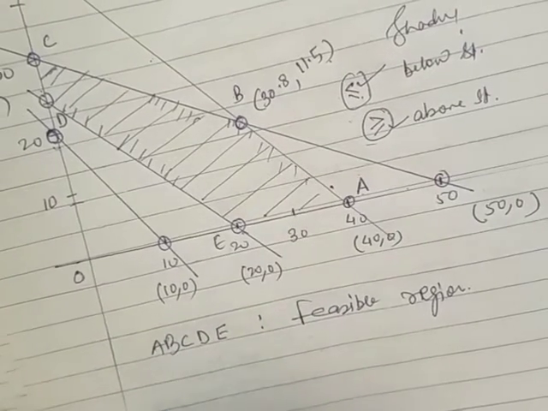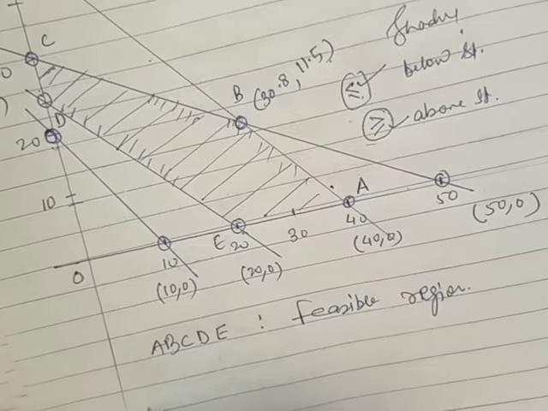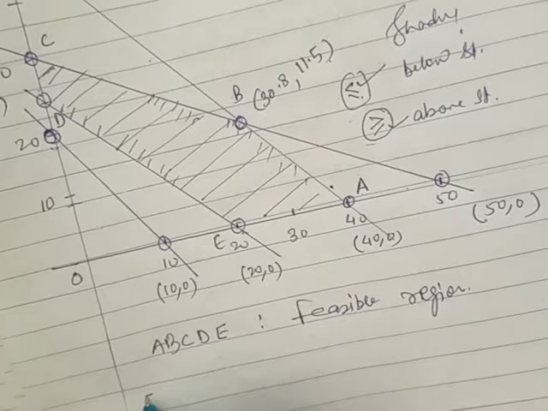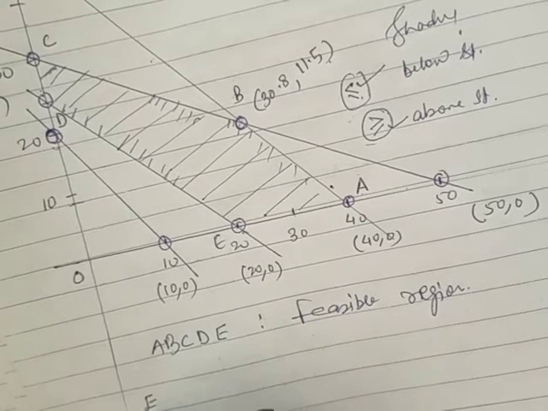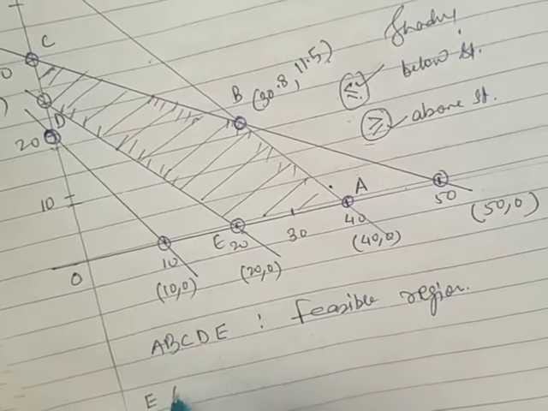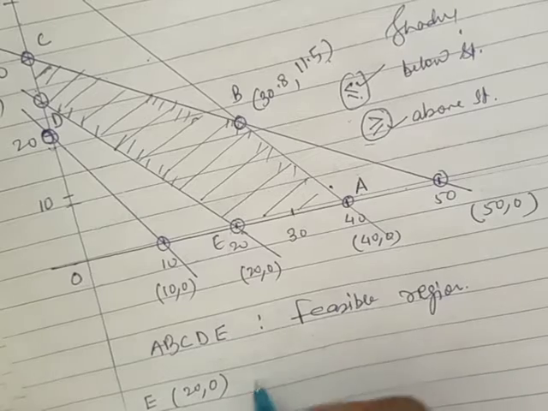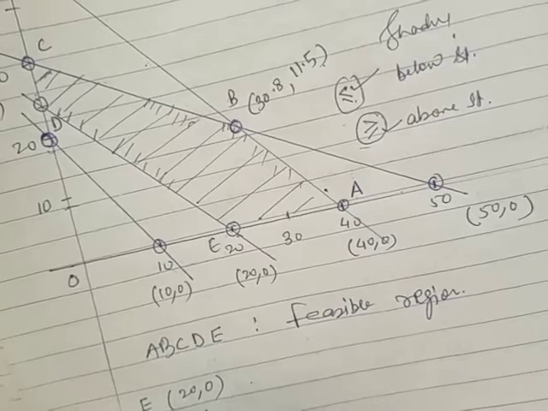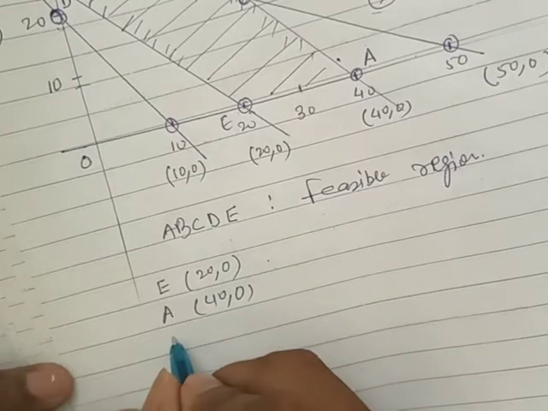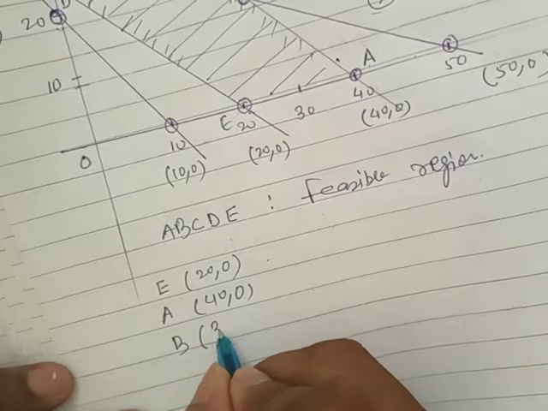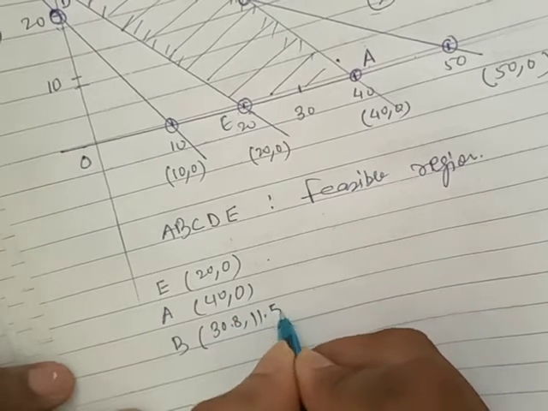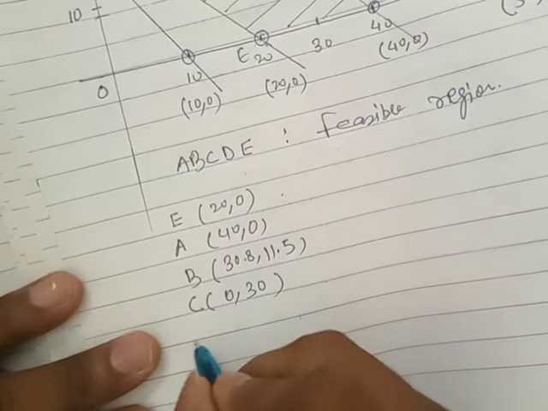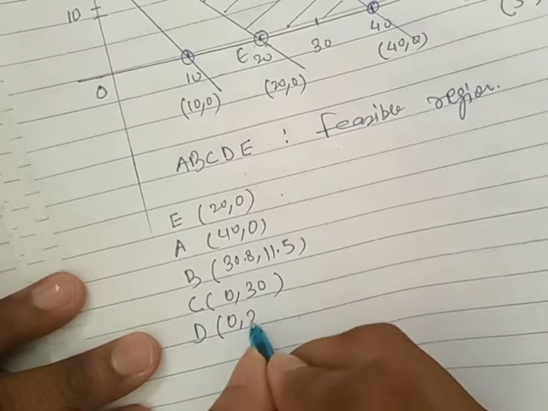And now you have to write the coordinates of the corner points. The coordinates of the corner points: E is 20 comma 0, this point, and A is 40 comma 0, B is 30.8 comma 11.5, C is 0 comma 30, D is 0 comma 25.